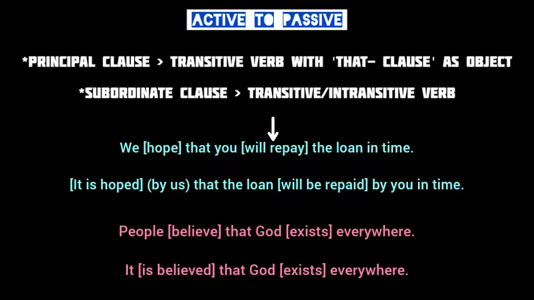And in the subordinate clause, the verb will repay is in active voice simple future tense. So this too is changed into the passive voice according to the rules. It is hoped by us that the loan will be repaid by you in time.